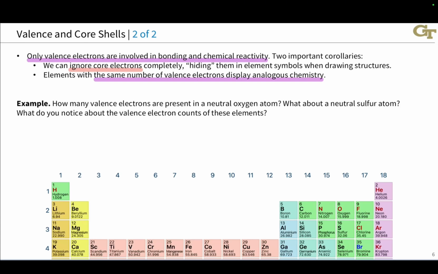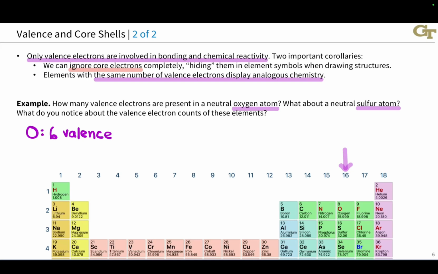And I wanted to highlight this with a little example comparing oxygen and sulfur. So oxygen is atomic number 8 on the periodic table. Sulfur is atomic number 16. And the thing we should notice about these elements is that they're both in group 16. And so oxygen being in group 16 means that it has 6 valence electrons.